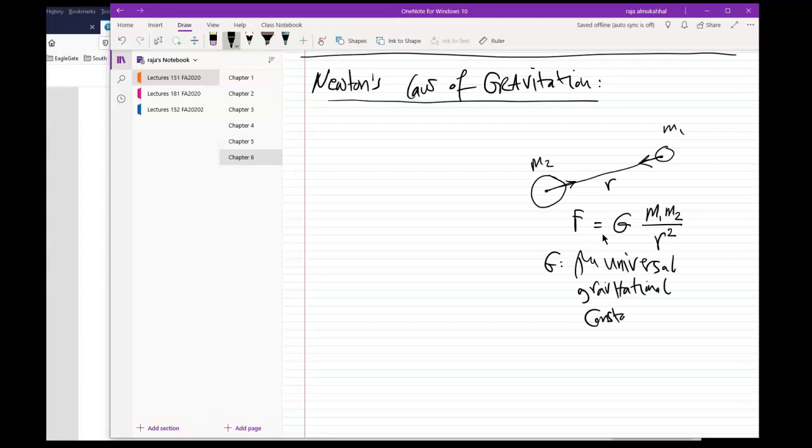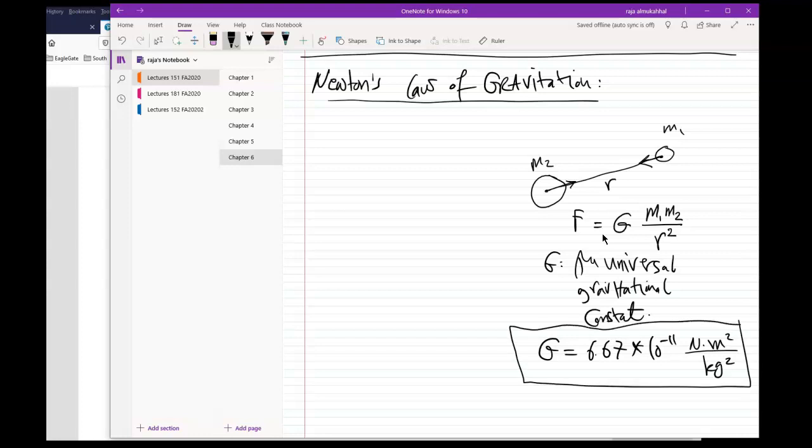And it is equal to 6.67 times 10 to the negative 11 Newton meter squared over kilogram squared. Okay? So just a constant value.